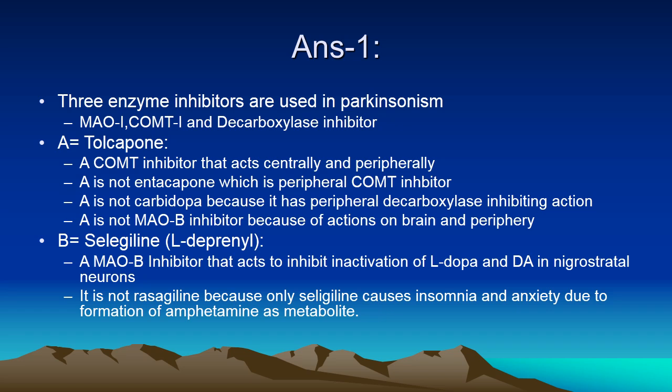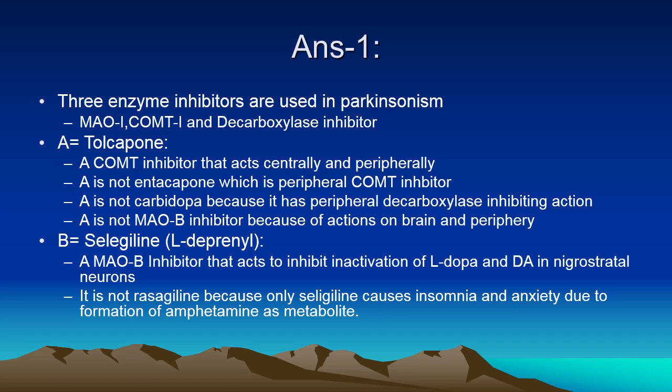Drug A is also not an MAO-B inhibitor because it has action in the brain only, whereas the suggested drug A has brain and peripheral actions. Therefore, our narrowing would be tolcapone. And if we review the text on tolcapone, it can discolor the urine. So it confirms A is tolcapone.